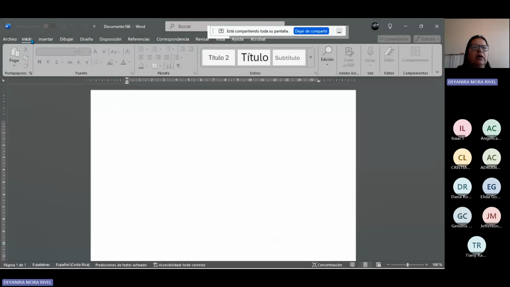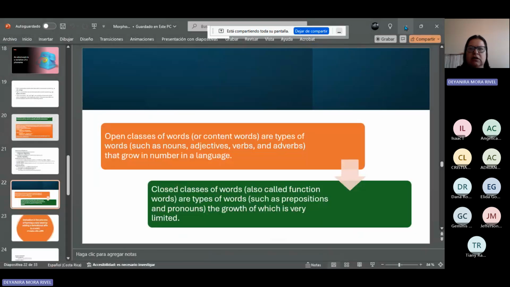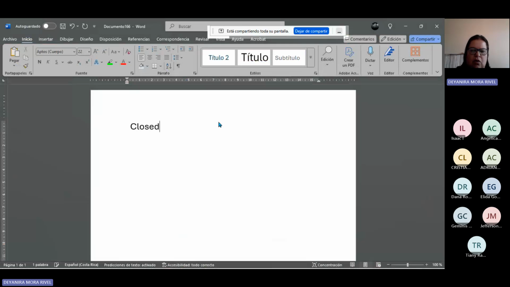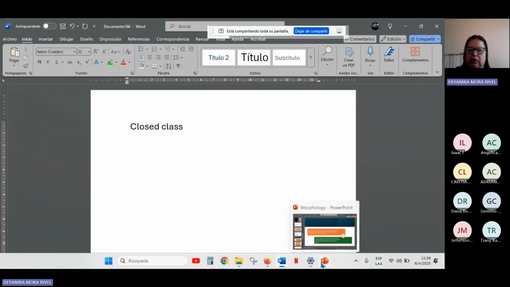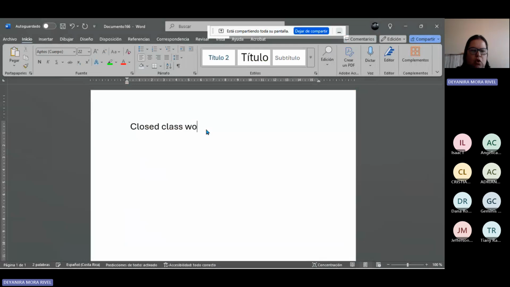Theory says that closed class words do not grow in a language.